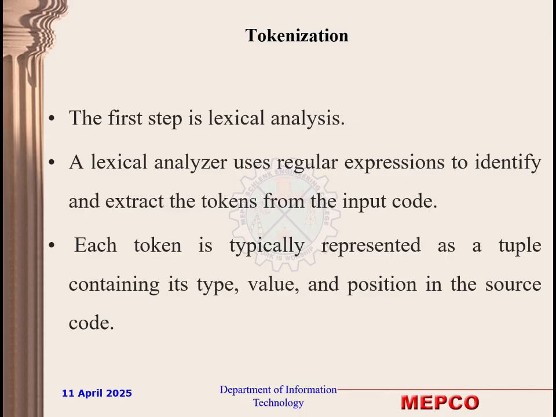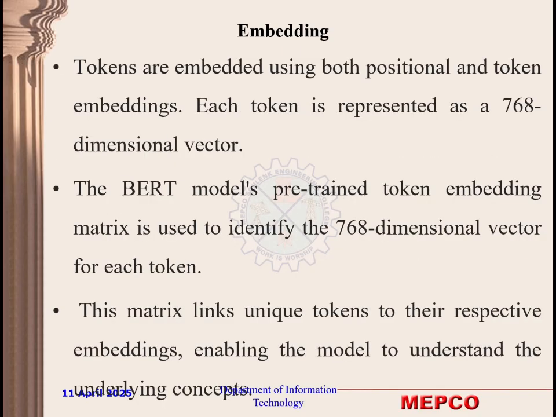These tokens include operators, functions, literals, identifiers, and keywords. And then the embedding: the tokens from the tokenization stage are embedded using positional embedding and token embedding independently. The token embedding represents each token in the smart contract code as a 768 dimension vector. The output from the embedding layer is the sum of the token and the position embedding.